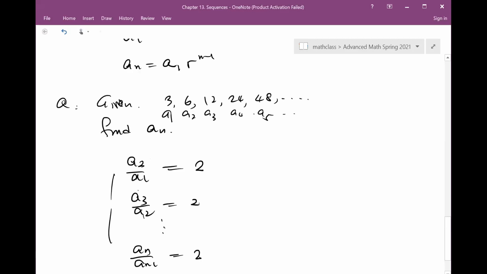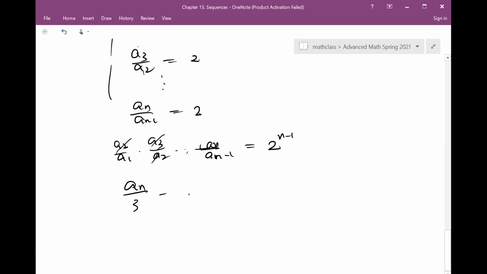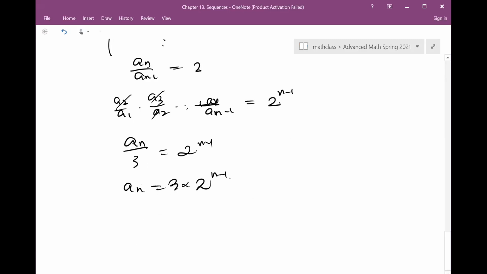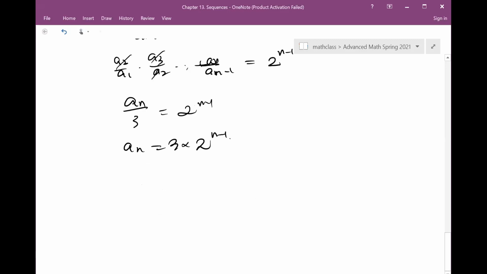First term is going to be 3. So the nth term is 3 times 2 to the N minus 1. Once you know the formula, then you can get, hey, the 100th term is 3 times 2 to the 99.